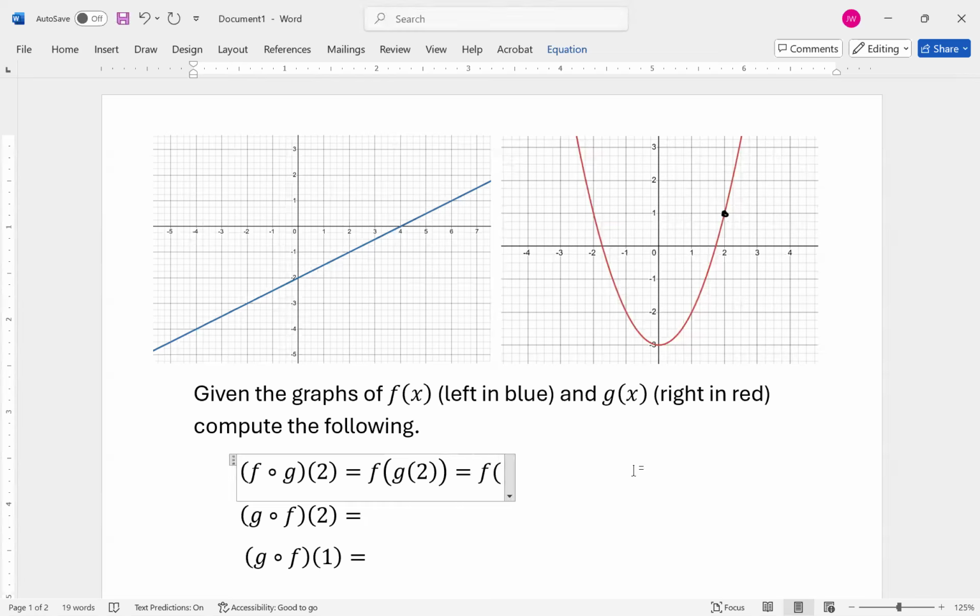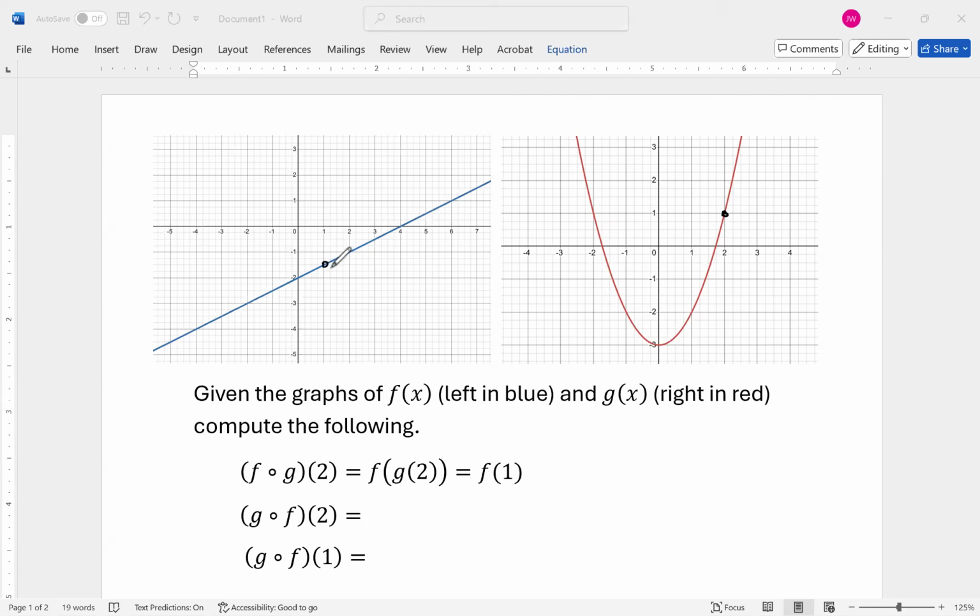So that means in my next step, I calculate f of 1. Well, what is f of 1? f is represented by the left-hand graph here. When you input the x value of 1, the corresponding y value looks to be negative 1.5. That might be hard to see, so you might have to zoom in a little bit on that graph, but it looks to be about negative 1.5.